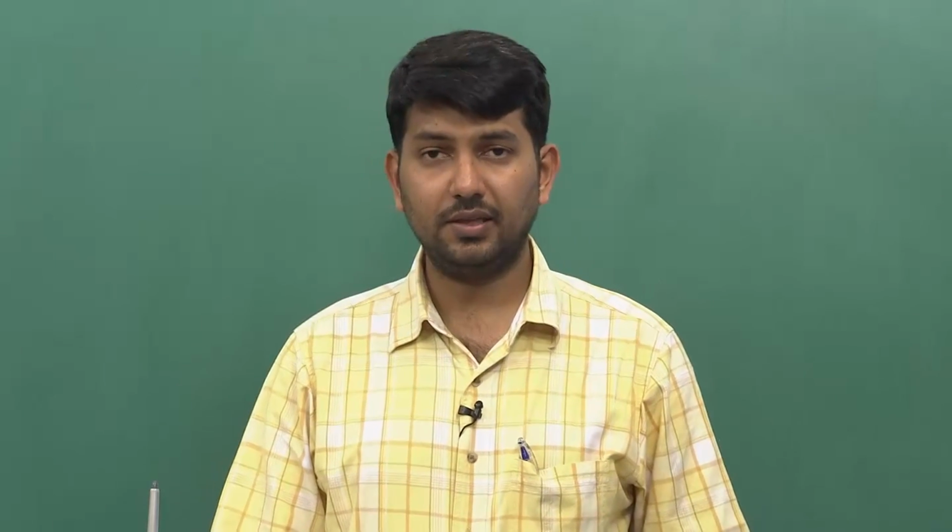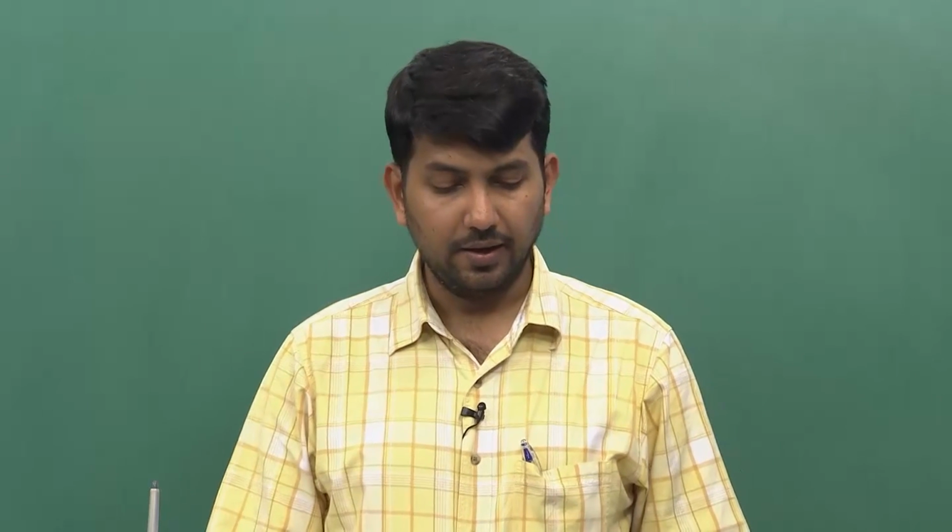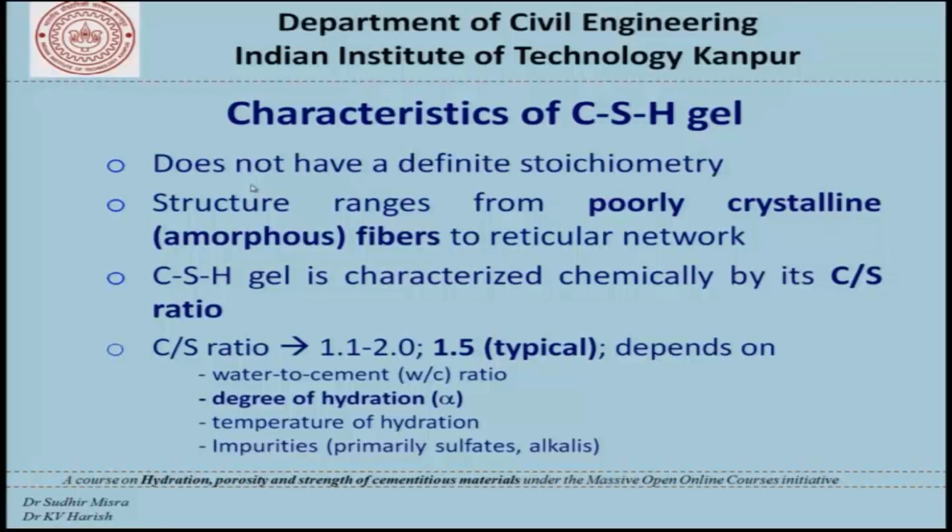Now coming on to characteristics of the major compounds. So we are starting with calcium silicate hydrate gel. Calcium silicate hydrate gel does not have a definite stoichiometry. The structure ranges from poorly crystalline or amorphous fibers to reticular network. Calcium silicate hydrate gel is characterized chemically by its C/S ratio. Remember, C stands for calcium oxide, S stands for silicon dioxide.